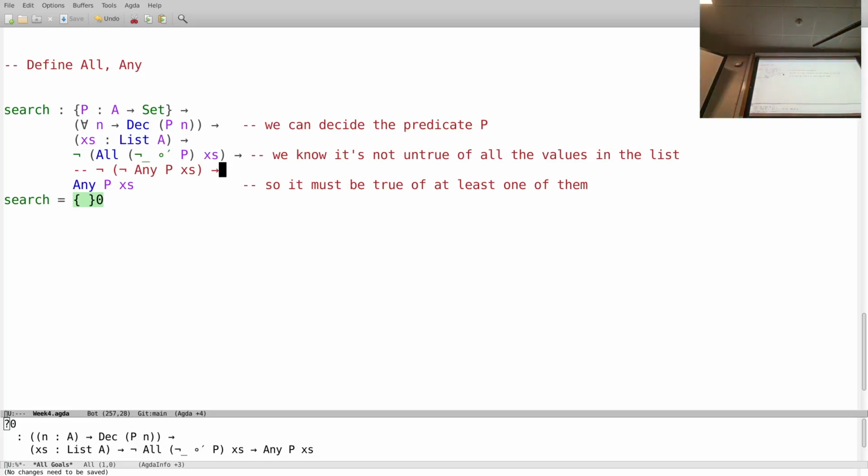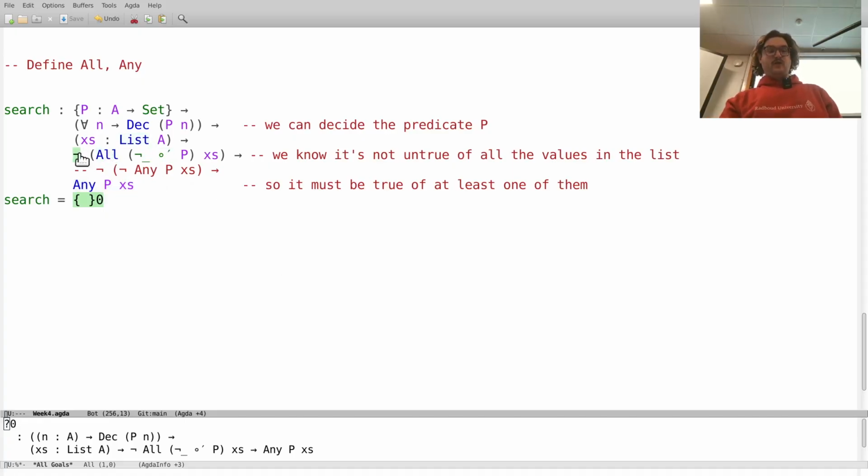So now we should be able to actually implement this search function for these modified quantifiers in a way that is seen as terminating by Agda, because we've reduced the search space from all of the natural numbers to just whatever values are stored inside of Xs. So we should be able, by induction on Xs, to go through all of the possible values and decide which one is the one that satisfies the predicate.